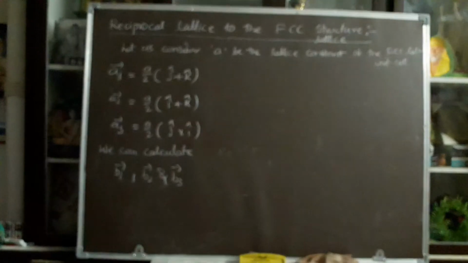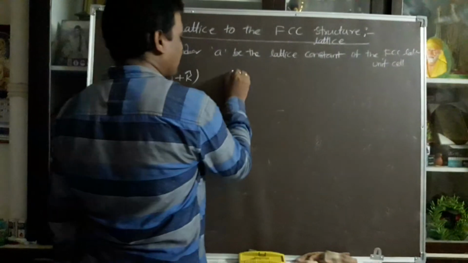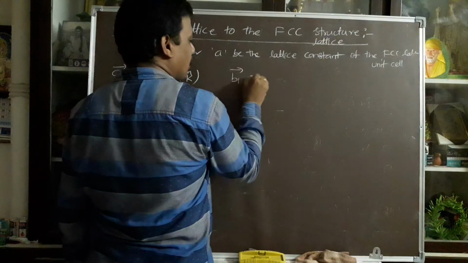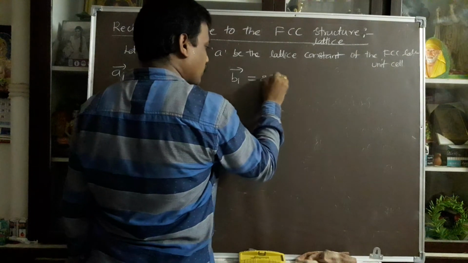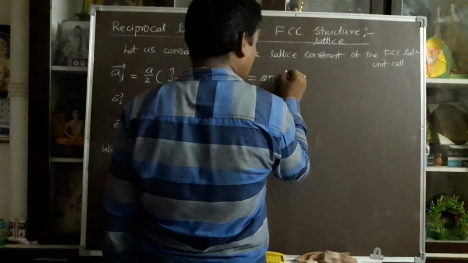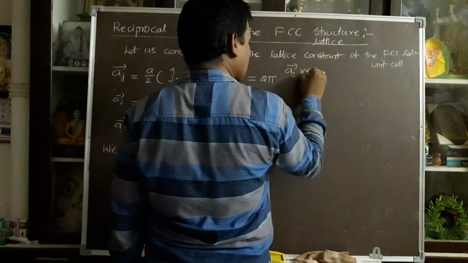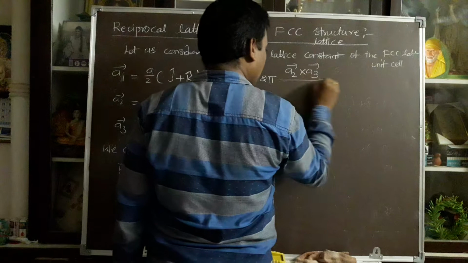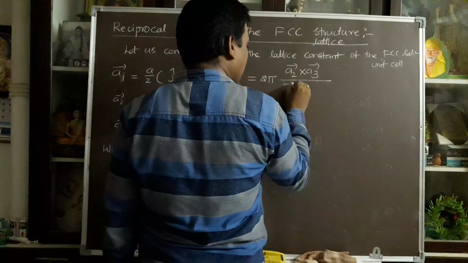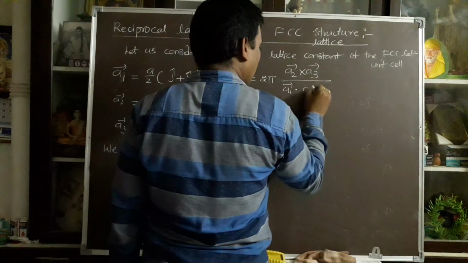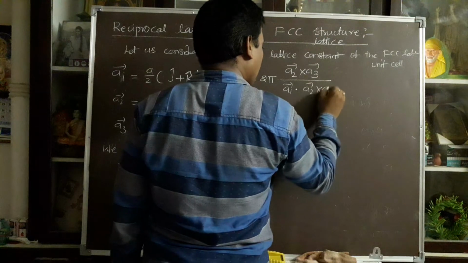You must calculate them. According to b1 bar, what is the formula? b1 bar is equal to 2 pi into a2 bar cross a3 bar divided by a1 bar dot a2 bar cross a3 bar.